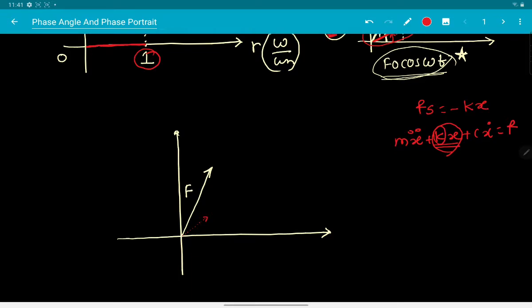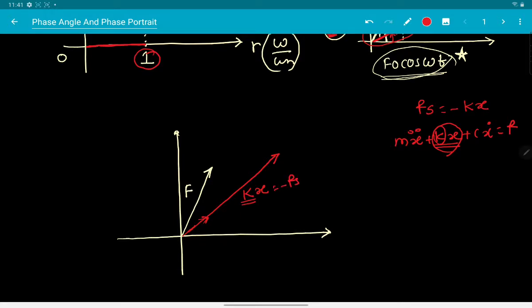Depending on the value of k, you will be able to draw this kx. It will be in the direction of x, with the scalar multiple, so k times x is kx, which is equal to minus fs, which you have drawn over here.